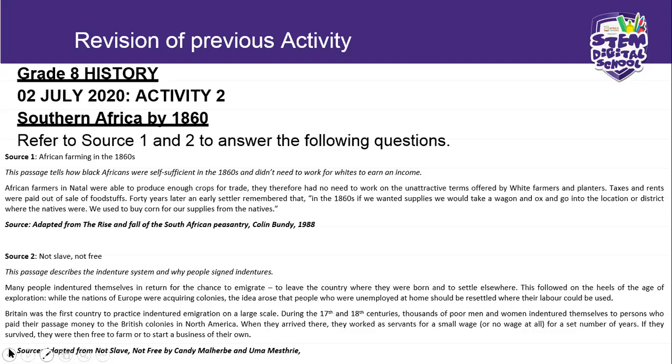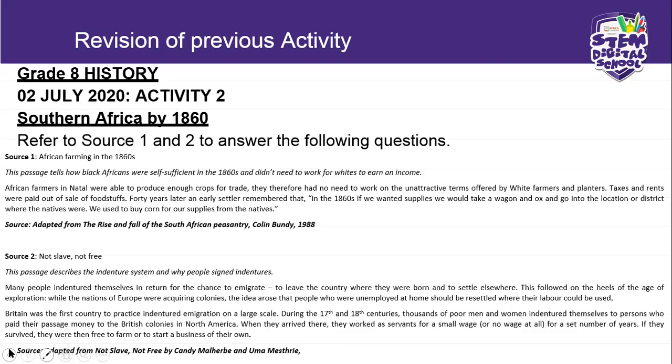While the nations of Europe were acquiring colonies, the idea arose that people who were unemployed at home should be resettled where their labor could be used.